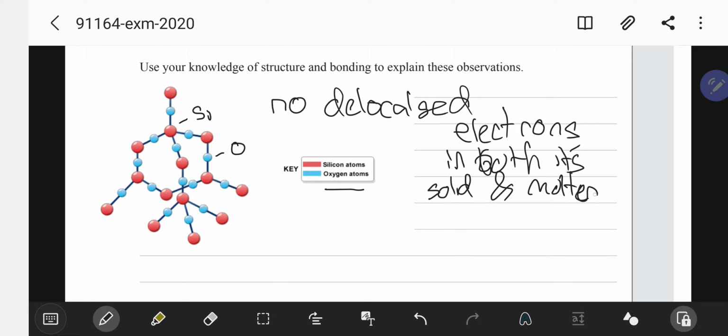So when it's solid or molten, it doesn't have delocalized electrons or free moving charged particles, so it won't conduct.